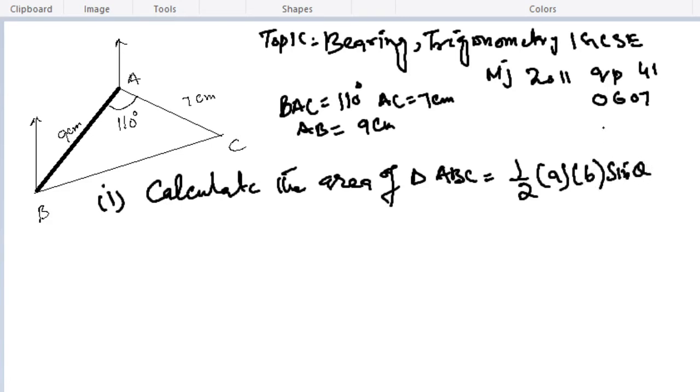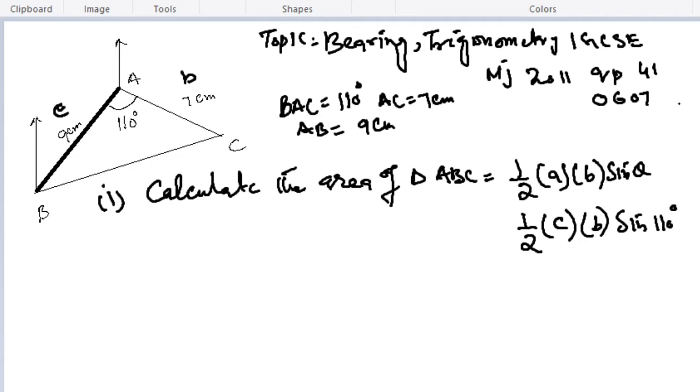A and B are any two sides, and the angle is the angle between them. Here this is small c, and this is small b. So instead of a and b, we can use 1/2 c b, and the angle between them, which is 110 degrees.